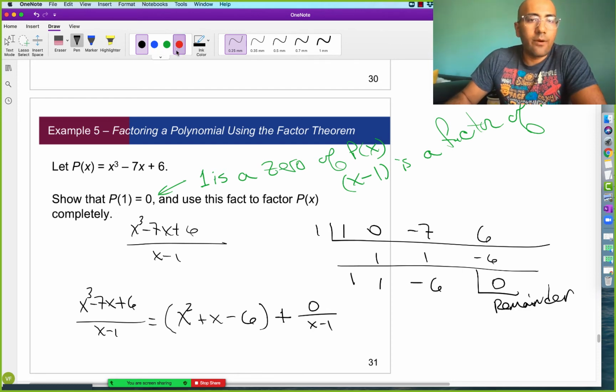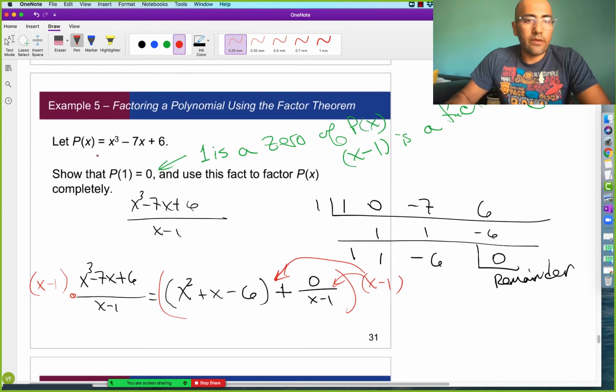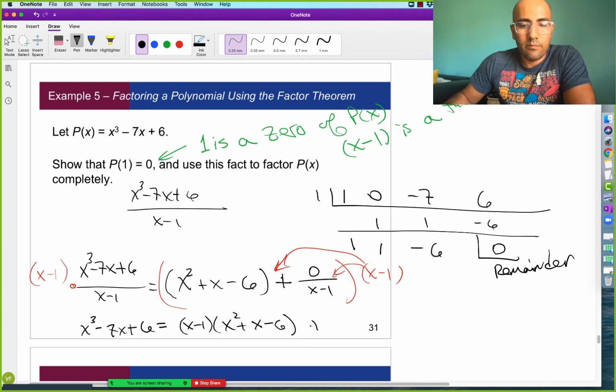And now when I multiply both sides of the equal sign by x minus 1, whole thing by x minus 1, and distribute, I'll end up with x cubed minus 7x plus 6 equals x minus 1 times x squared plus x minus 6 plus 0.